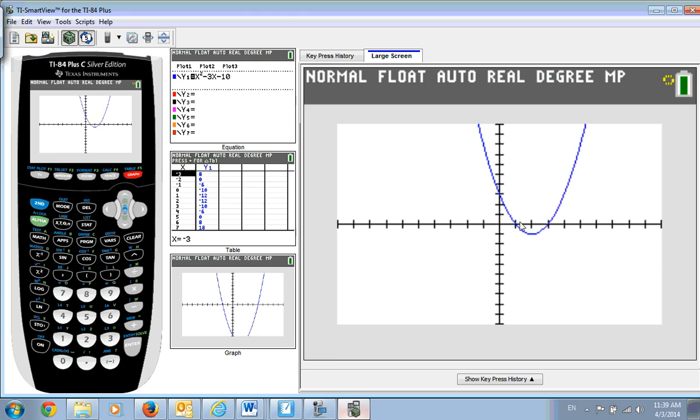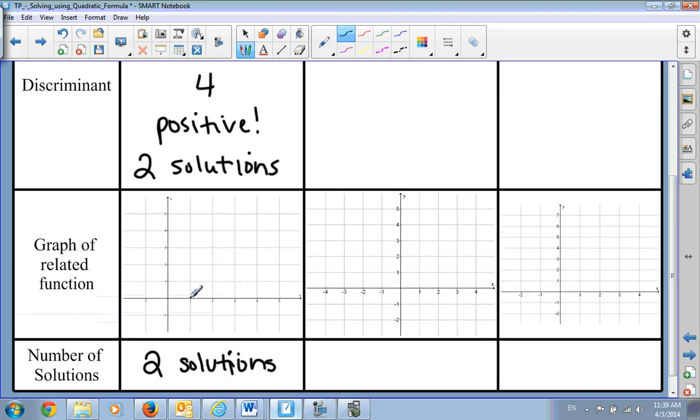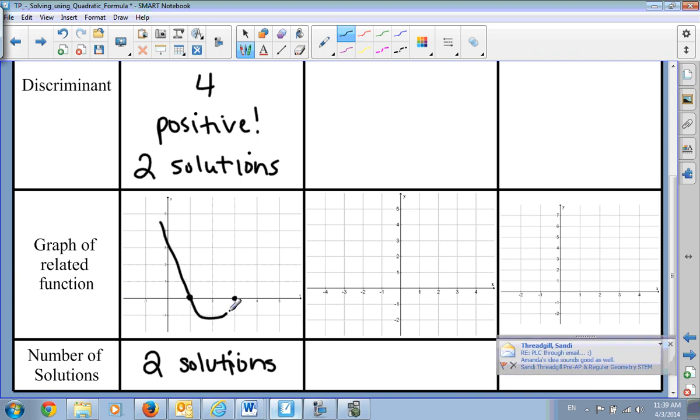So it touches at positive 1 and at positive 3, right? So our discriminant works out. So I'm just going to kind of sketch that on here. It touches at 1 and 3, and it kind of looks like this, right? That's kind of ugly, but you get the idea.